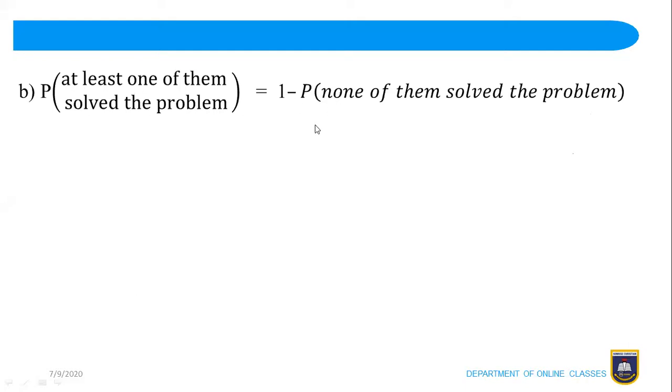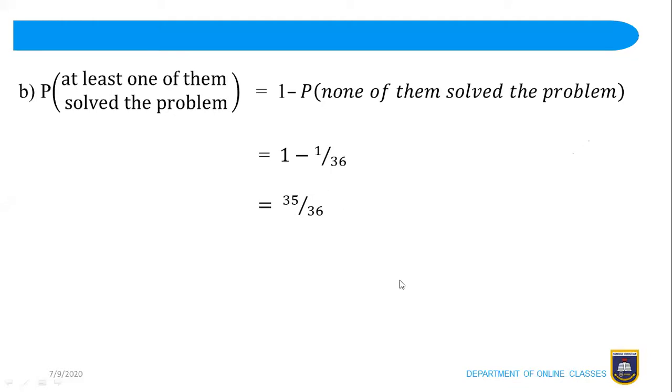This will give us 1 minus 1 over 36, where 1 over 36 was the answer obtained in the solution above. That will give us 35 on 36. So this is how to find the probability that at least one of them solved the problem.